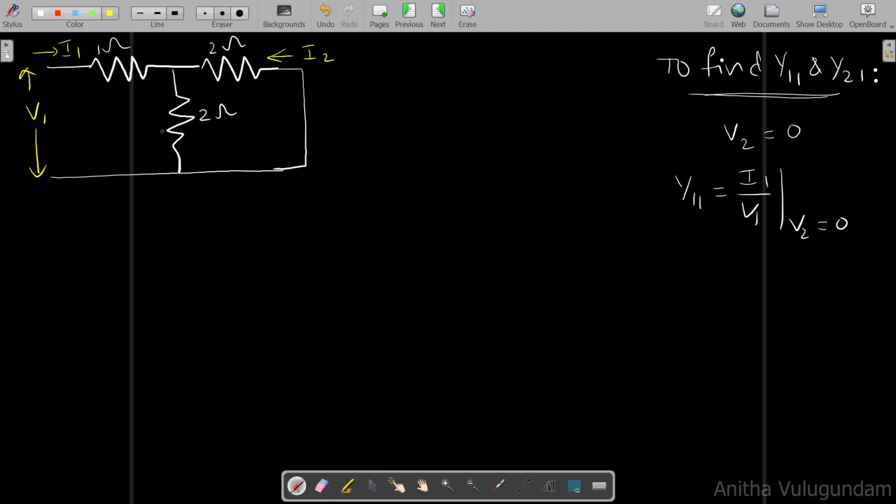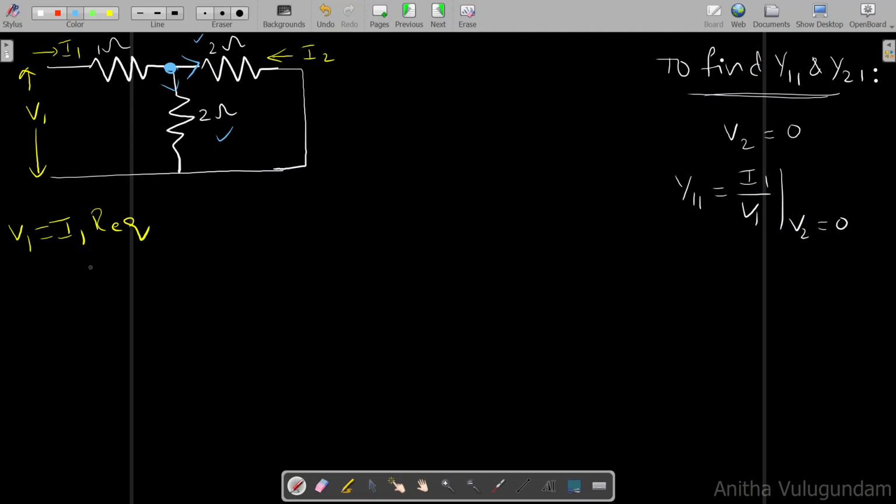From this circuit we are supposed to find V1 equal to I1 into R equivalent. Here, I1 current is entering this branch and it gets divided in these two branches. So these two resistors are in parallel, which is in series with this resistance.